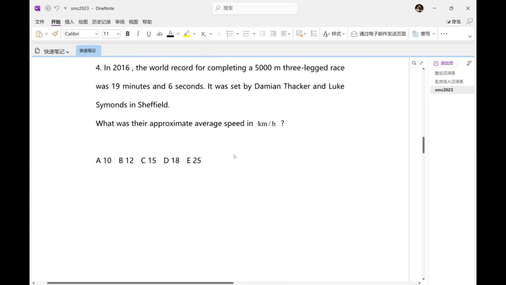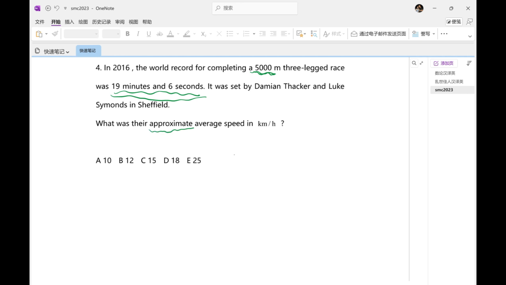Okay, question 4. In 2016, the world record for completing a 5,000-meter three-legged race was 19 minutes and 6 seconds. It's a time, it's a distance. And it was set in Sheffield. What was their approximate average speed? We should make an estimate for that.